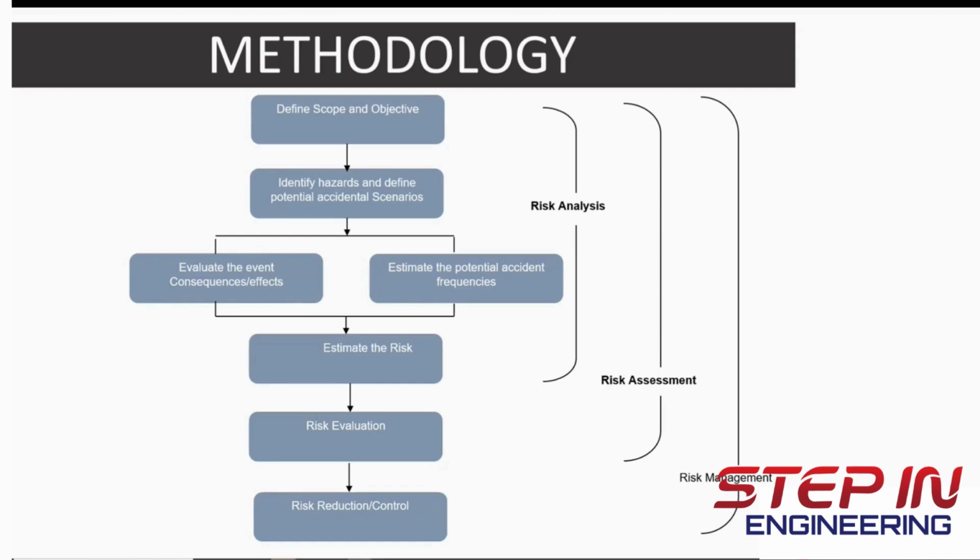Once you present the risk in terms of numerical value, which is a quantified way, this entire process is called quantitative risk assessment. QRA doesn't stand for quantitative risk analysis, or qualitative risk analysis, or qualitative risk assessment. QRA is quantitative risk assessment.